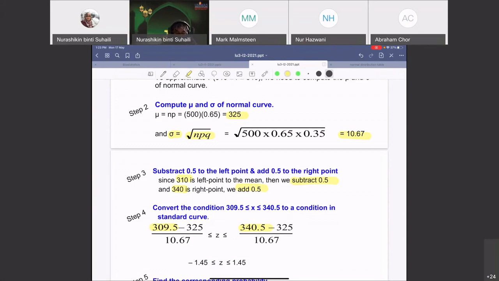This is actually the Z formula. But since we have this range, we have to solve the Z values for both of them. This is actually mu. This is the standard deviation that you have solved previously. So when you solve these two values, you got minus 1.45 and 1.45, right?